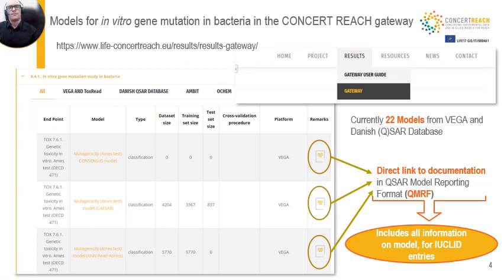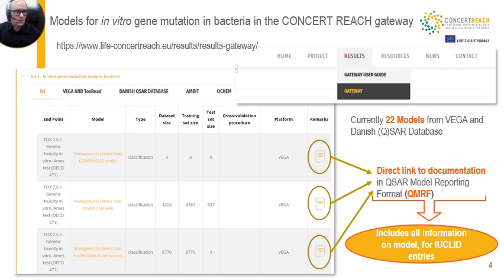So the gateway developed by ConcertReach, which is accessible in the results section or through the direct link shown on screen, currently includes 22 models from VEGA and DanishQSAR database for evaluating in vitro gene mutation in bacteria.